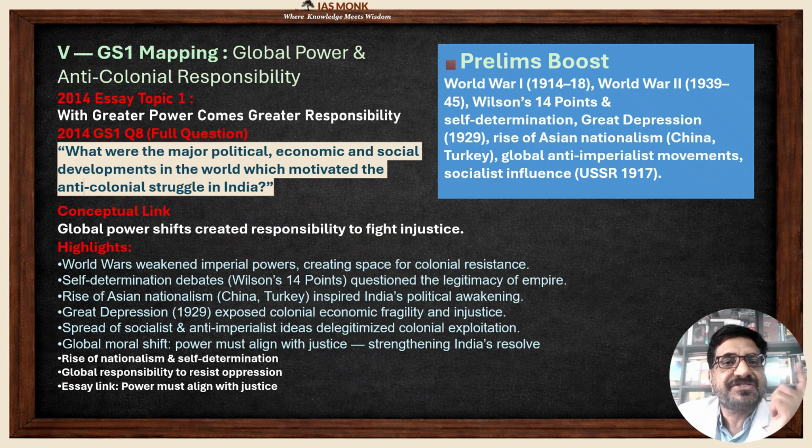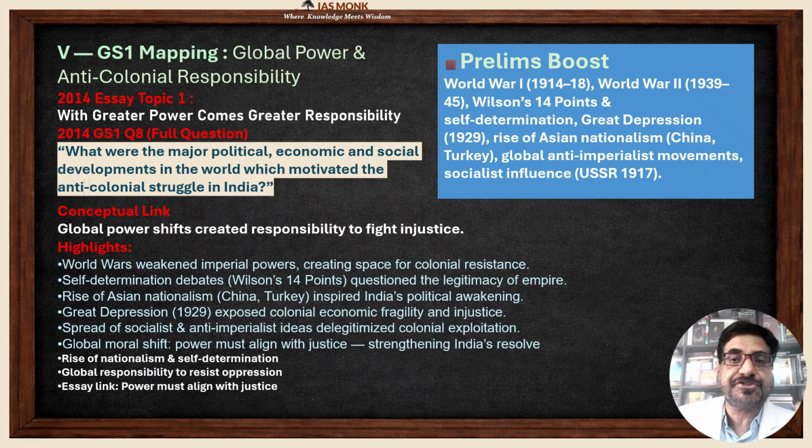The first and the second world wars weakened European empires economically and militarily, creating space for colonial subjects to assert their rights. The rise of nationalism across Asia and Africa, inspired by leaders like Sun Yat-sen and movements such as the Turkish Revolution, showed that foreign rule could be challenged.